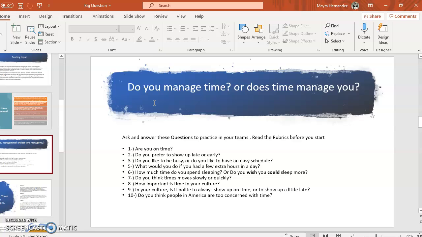So my students then will have time to look through the questions to see if they understand the questions, the vocabulary in the questions. And as you can see, I have both type wish and both type could, because I think that as they are beginners, I need to clarify this wish and this could in this question.